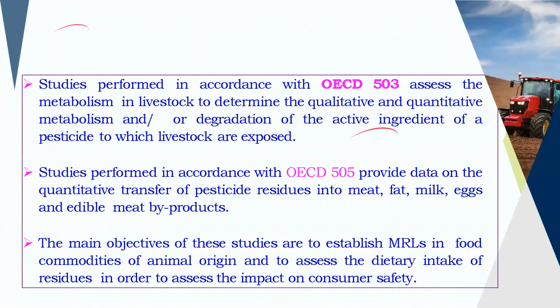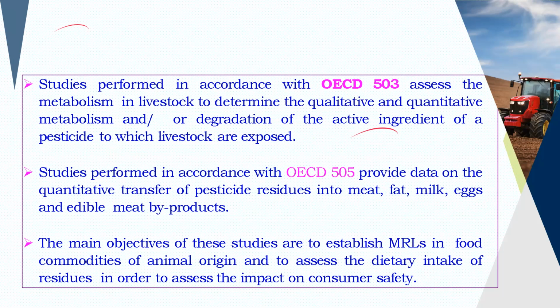So if it is like that, then the study should be conducted according to 503, to assess the metabolism in livestock, to determine the qualitative and quantitative metabolism or degradation of the active ingredient of the pesticides. Whereas studies performed in accordance with OECD 505 provide data on the quantitative transfer of pesticide residues into the milk, meat, eggs, and edible meat byproducts.